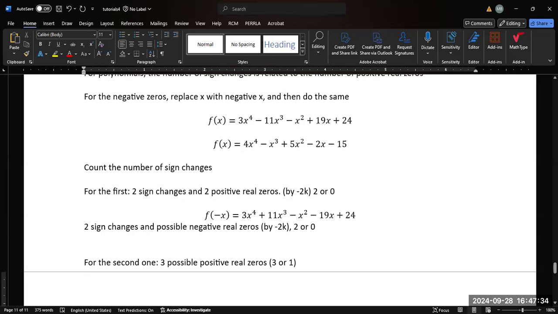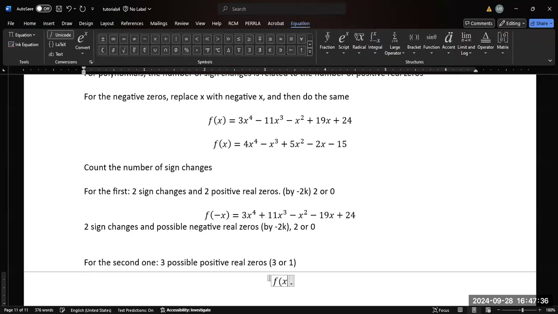And then for the negative ones, we plug in negative x, and we would get 4x to the 4th doesn't change. The odd one changes sign. The even one stays the same. The odd one changes sign. And then the constant stays the same.